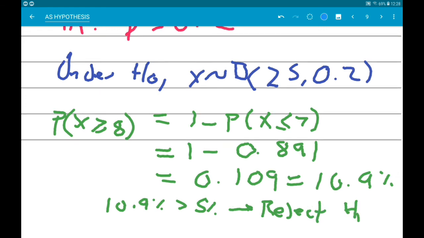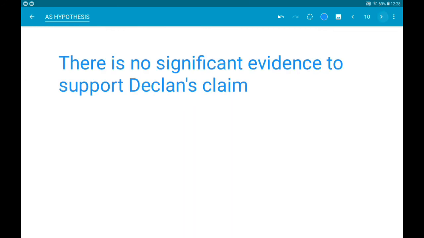Now to get full marks, we need to do one more thing, and that is write a concluding statement. So, something along the lines of, there is no significant evidence to support Declan's claim. Boom.